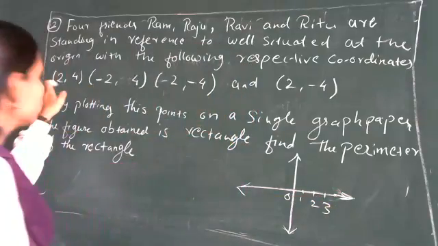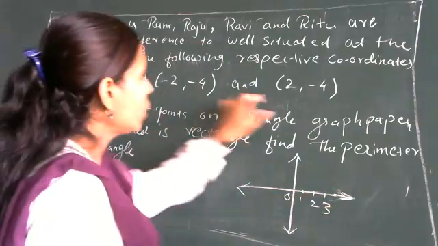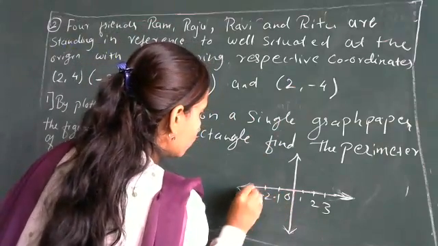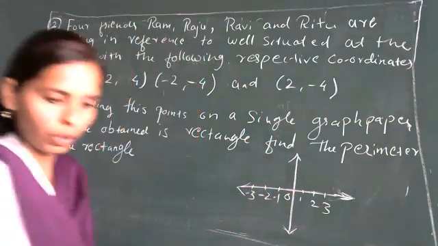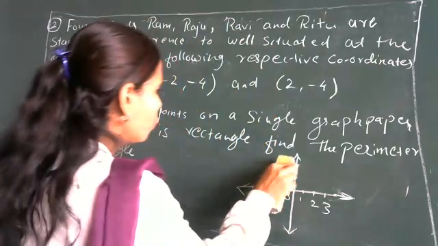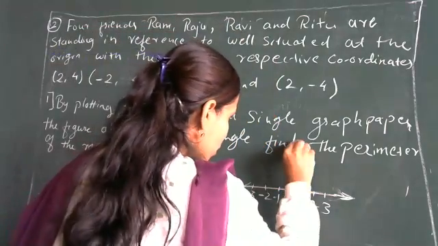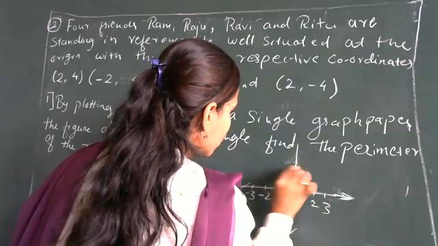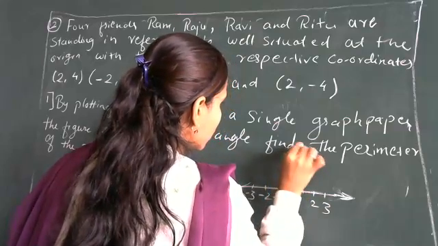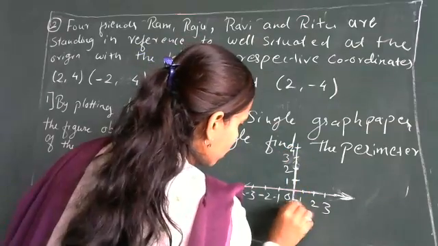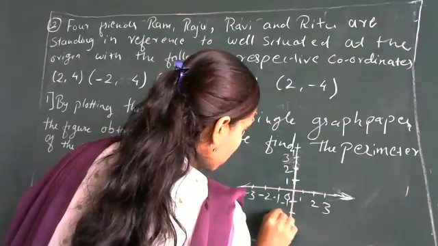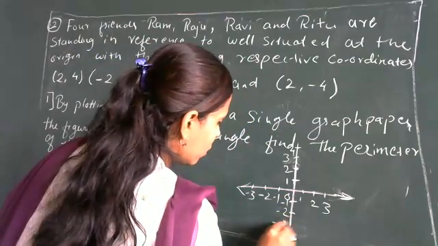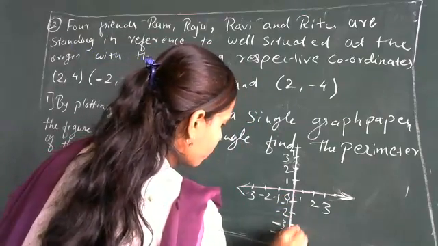It is enough for the x-axis because mostly we are having 2. 1, minus 1, minus 2 and minus 3. For y we need some more because we are having up to 4. So here 1, 2, 3 and 4. Same, minus 1, minus 2, minus 3 and minus 4.